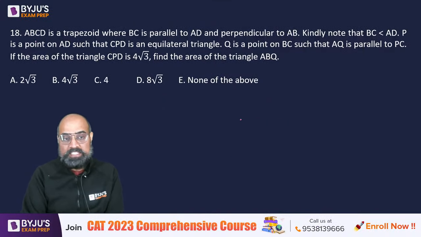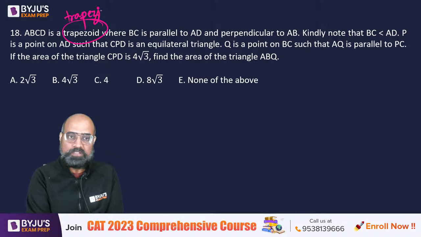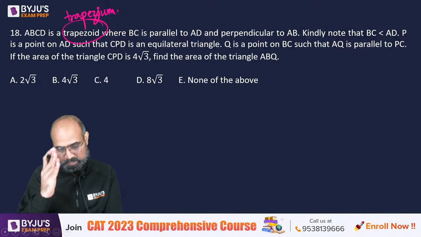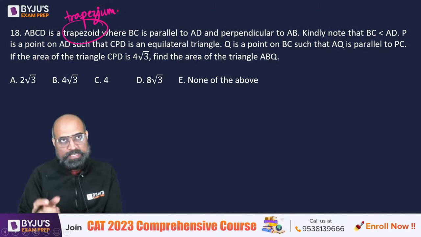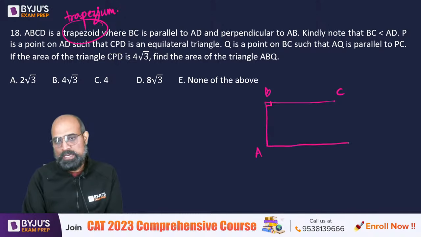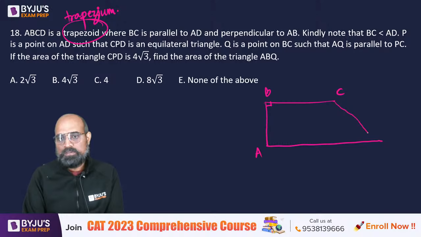Next one, ABCD is a trapezoid. What is a trapezoid? Trapezoid is just another name for trapezium. So BC is parallel to AD and perpendicular to AB, and BC is smaller. Okay? So we have BC and this is perpendicular to AB, and since this is parallel, we draw it like this.